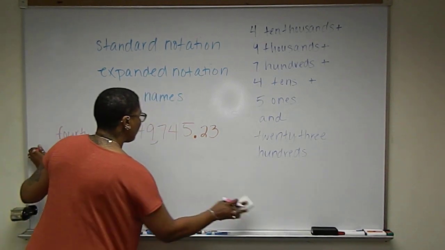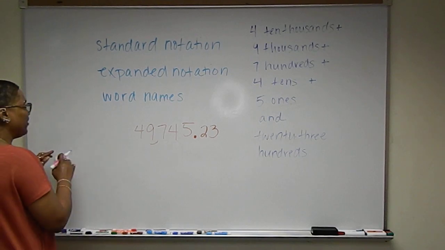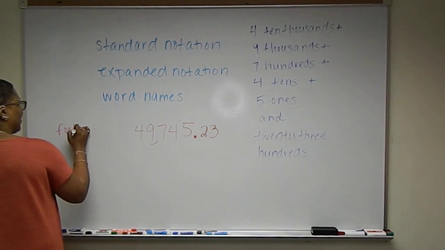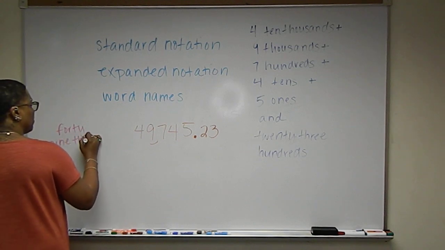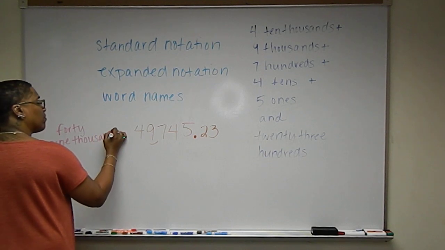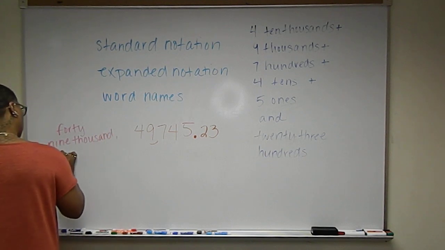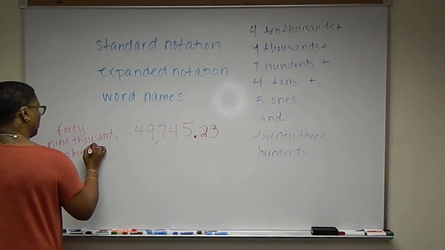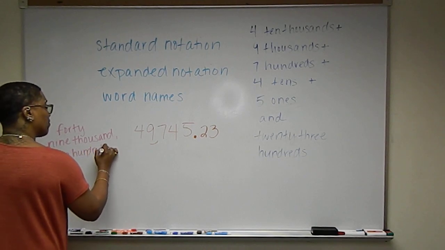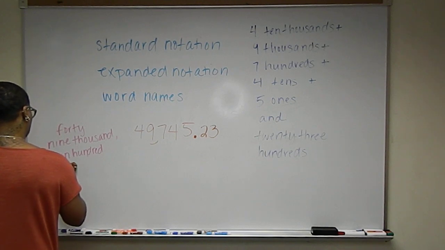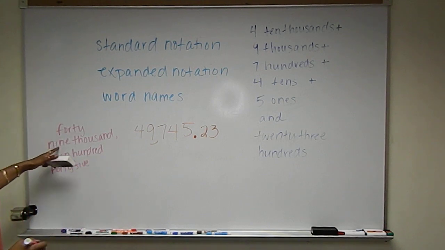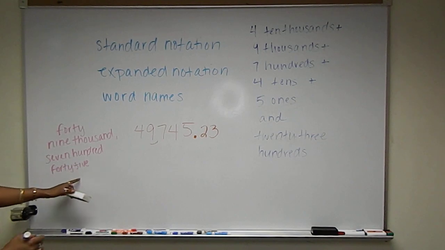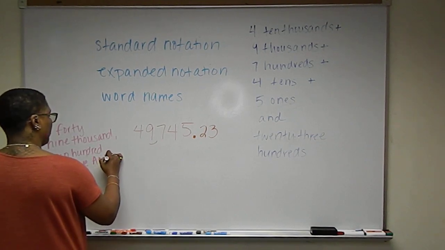There's no U in forty, F-O-R-T-Y. Forty-nine thousand, seven hundred forty-five, right?